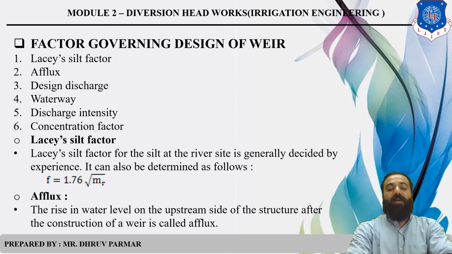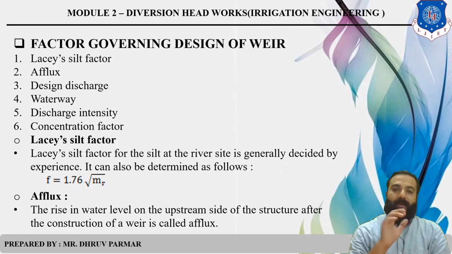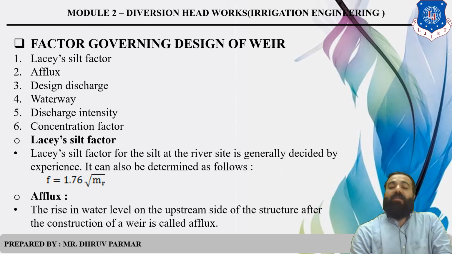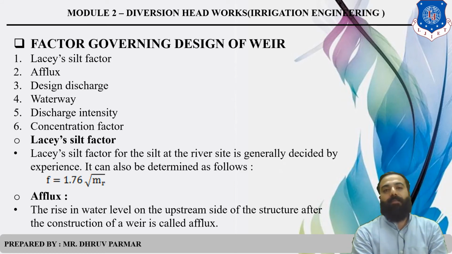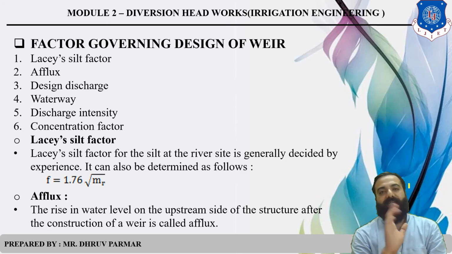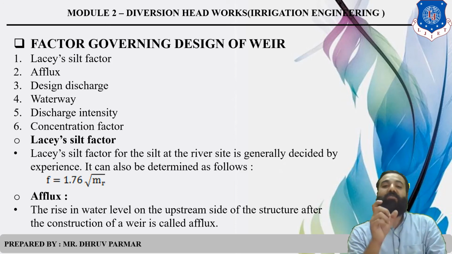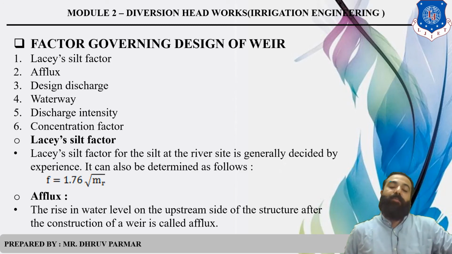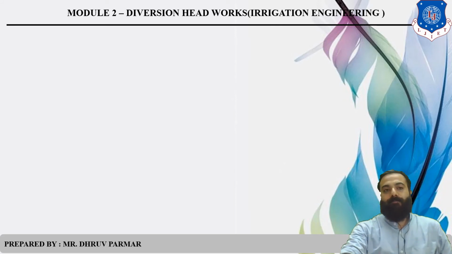Afflux means the rise or increase in water level on the upstream side of the structure after the construction of a weir. That is called afflux. Say you construct a weir on the Sabarmati river. The depth of the river is, for example, 15 meters, but after the construction of the weir, the depth increases to 20 meters. That increase in depth is called afflux.